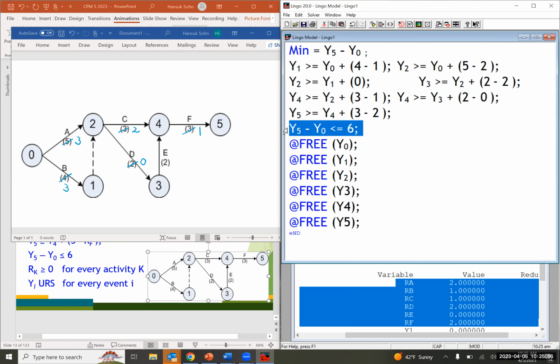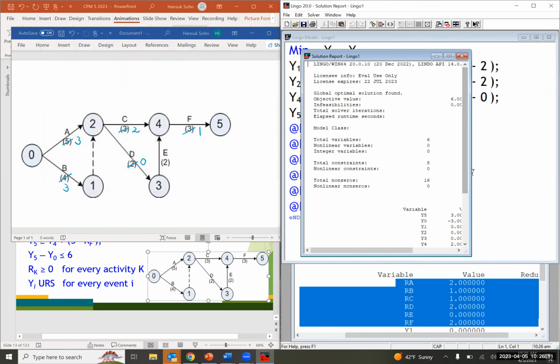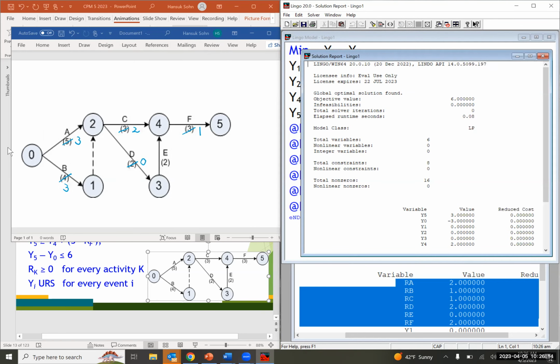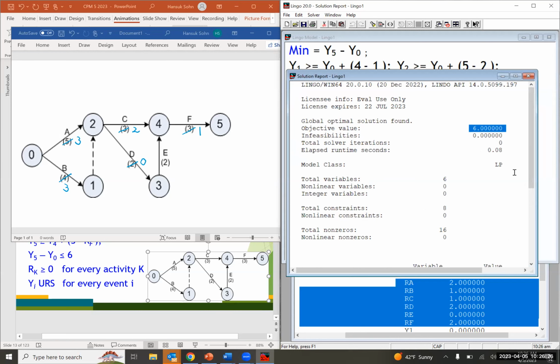And we don't need this, right? That's the primal LP that we talked about earlier. So let's run it. See here? With this updated network diagram, we can complete the project within 6 days, according to the optimal solution of the primal LP, right?